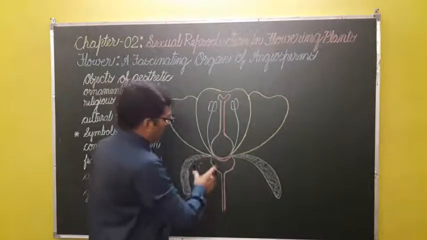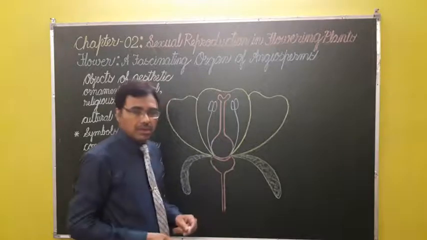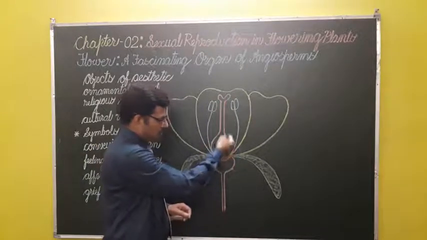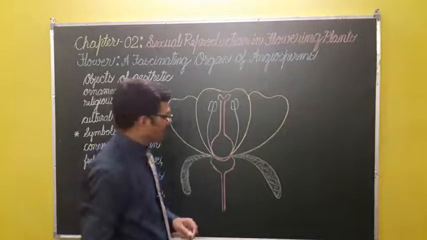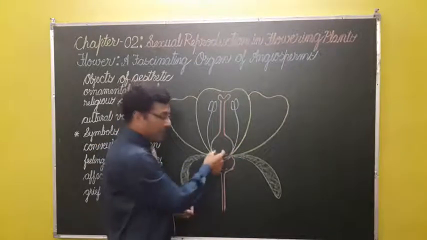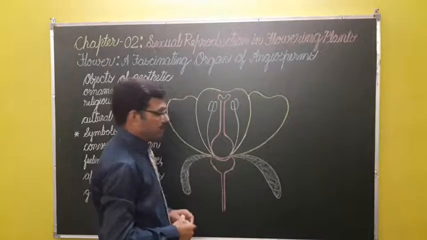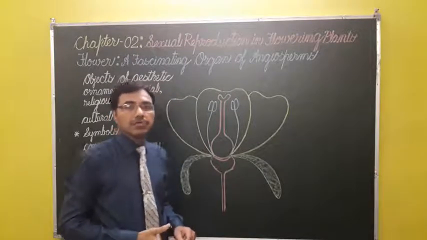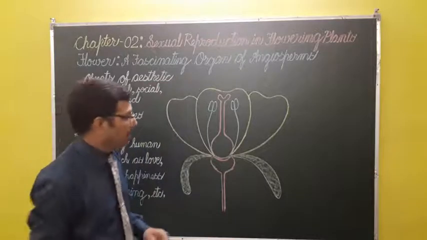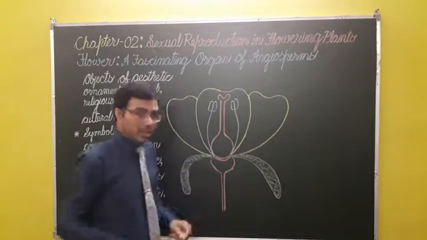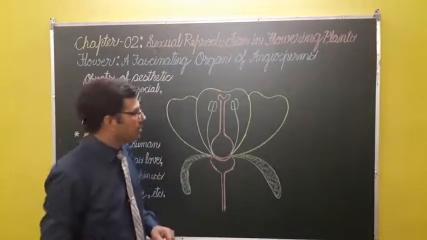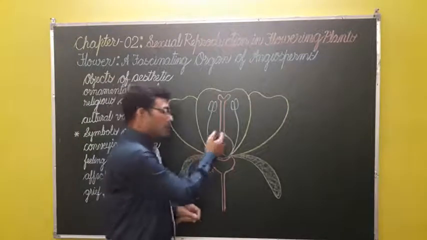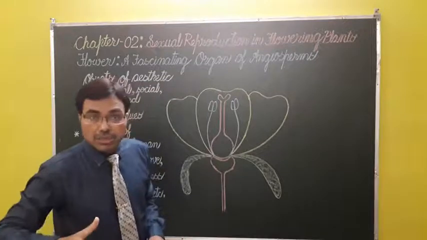Now, this basal portion, which is quite globular, is the ovary, and inside the ovary there is the formation of the female gametes. That is why the gynoecium is again an essential whorl of a flower. So in this way, the androecium and gynoecium become the essential whorls of a flower.